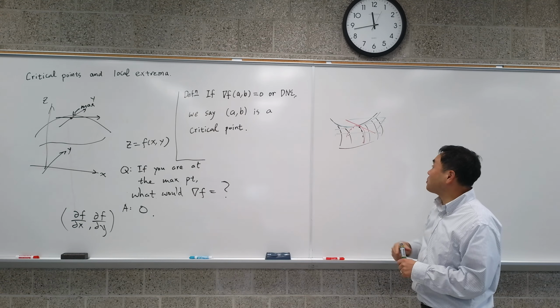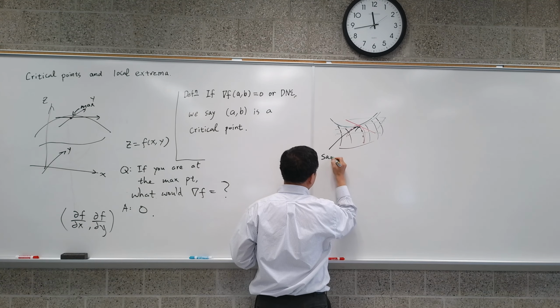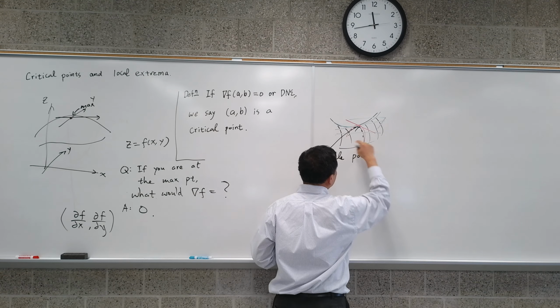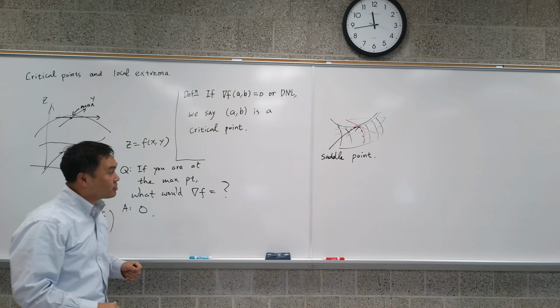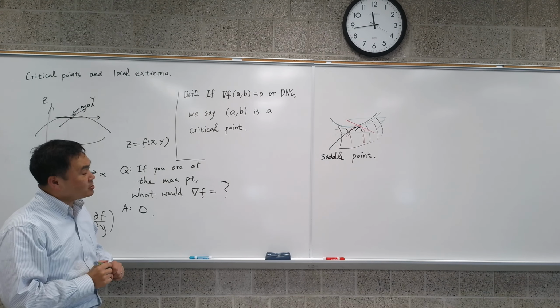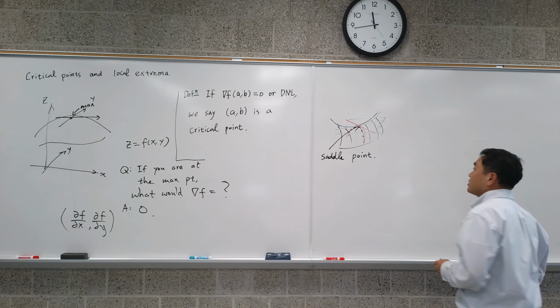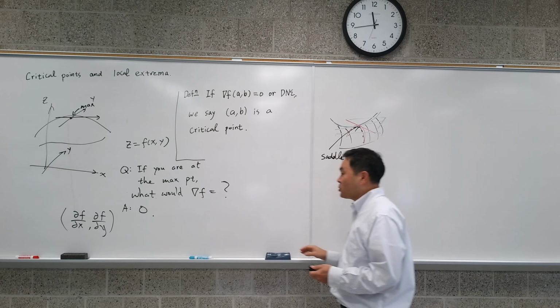So such a point is called a saddle point. So remember, we were talking about this two-dimensional surface as a saddle. So that's going to be another problem that we have to face.